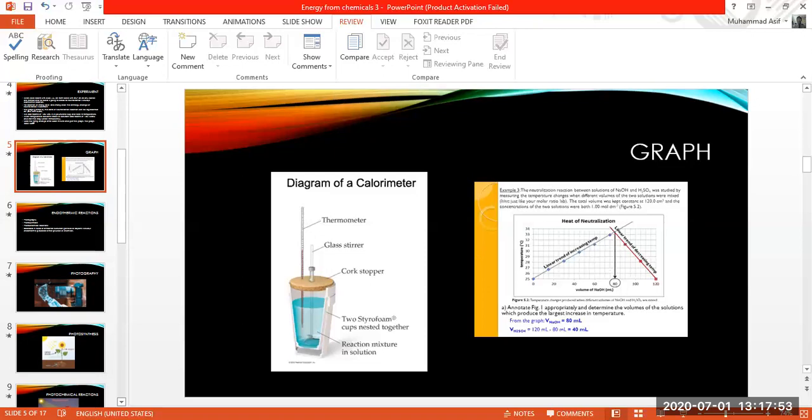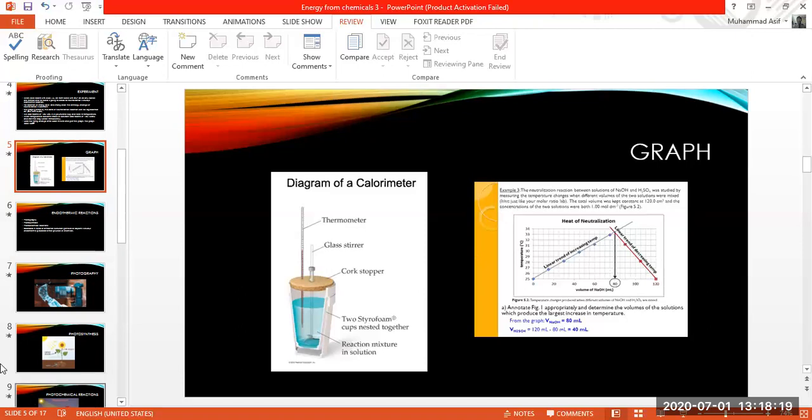Either it is a burning of fuel, burning of alcohol, burning of coal, or oxidation process. All those processes are exothermic reactions, and one of them is the neutralization reaction also, which is exothermic.